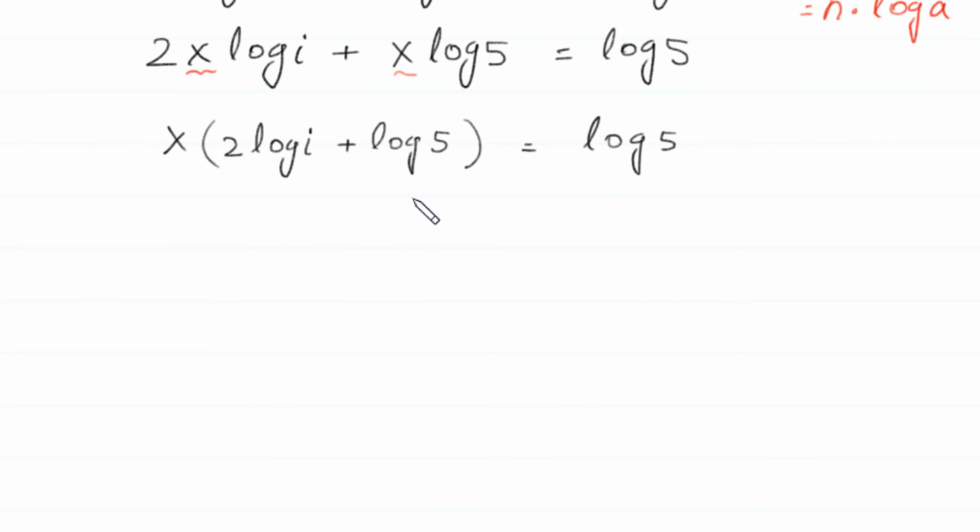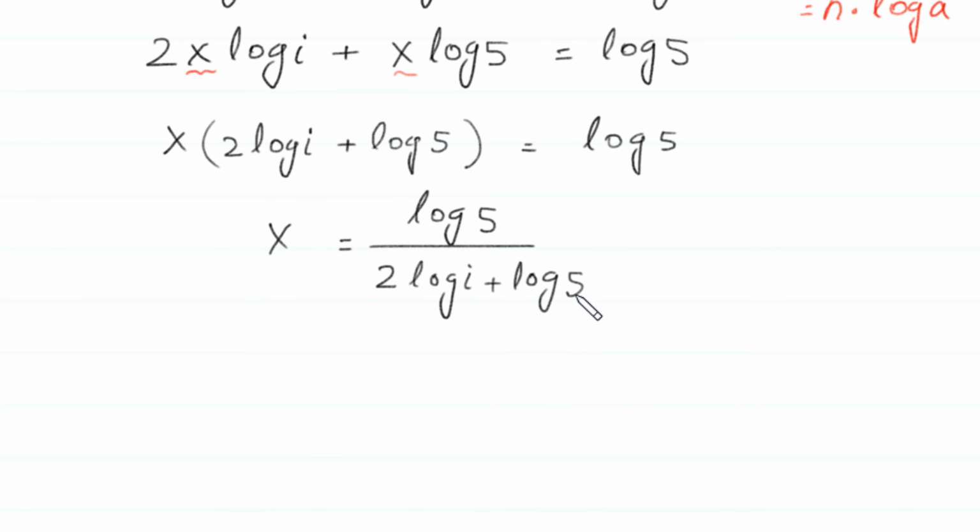Now from here if we divide both sides by 2 times log of i plus log 5, we get the value of x is equal to log of 5 divided by 2 times log of i plus log of 5. This is the final answer. This is the value of x.